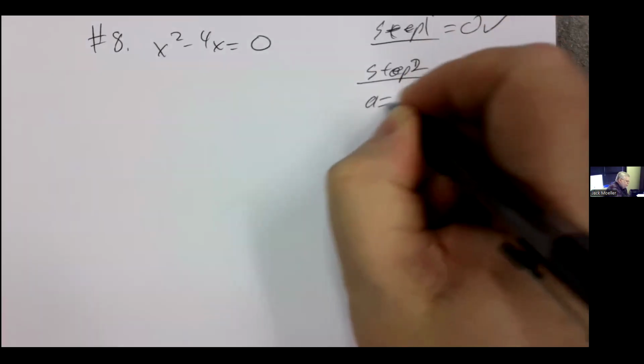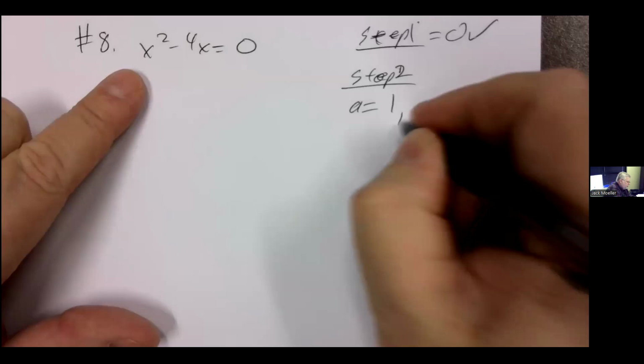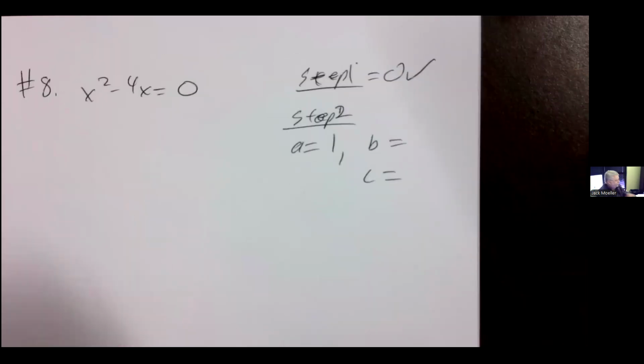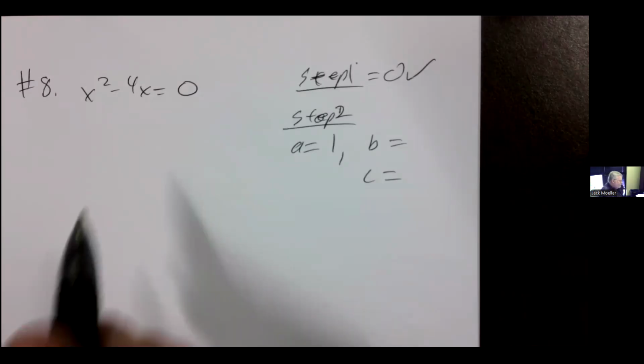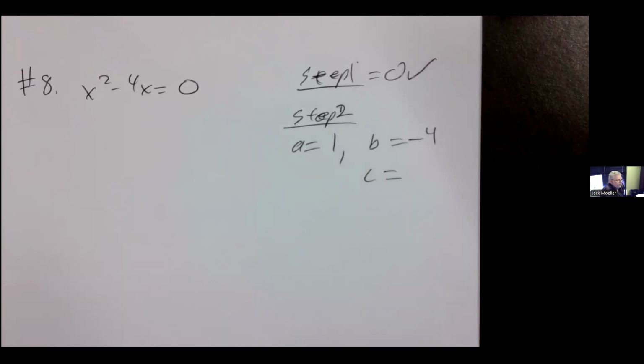Well, A is 1 because we have 1x squared. What is B and what is C? Well, one of them is negative 4. Is that B or is it C? Well, the negative 4 is with the x, and there is no constant, so C is going to be 0.